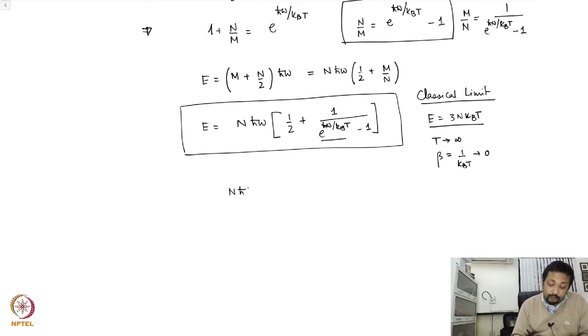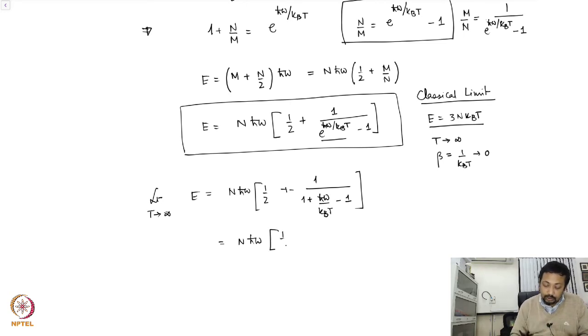So I have N h bar omega times half plus 1 over 1 plus h bar omega over kBT minus 1, in the limit of T to infinity, which is going to be N h bar omega times half plus kBT over h bar omega.